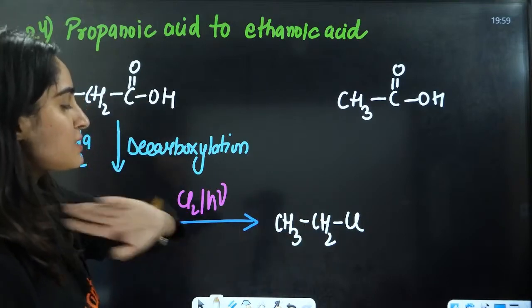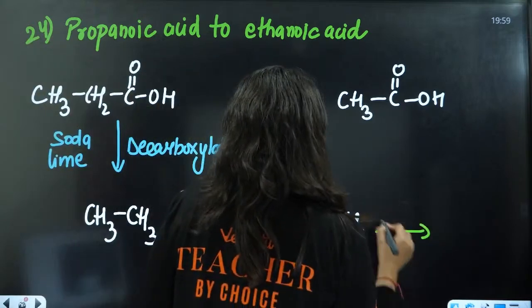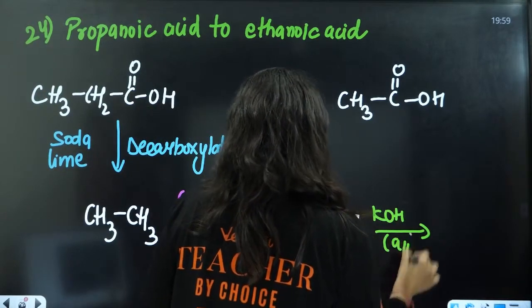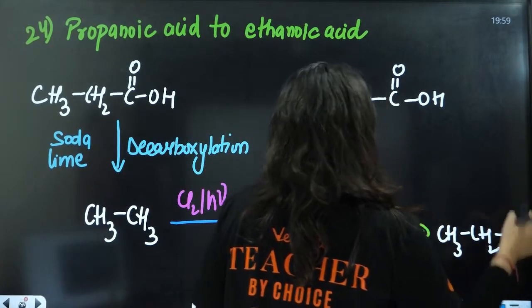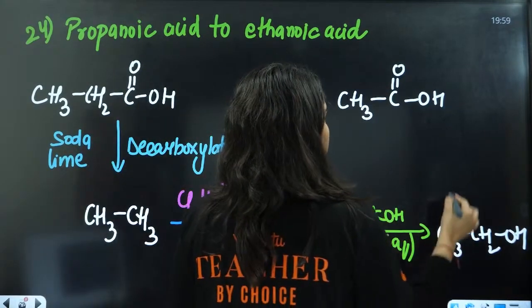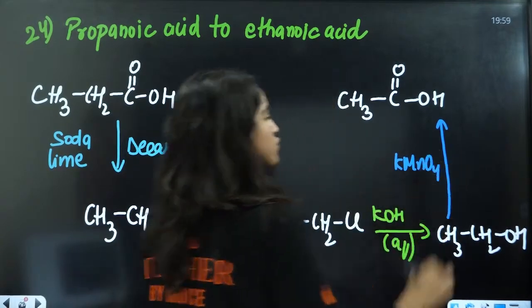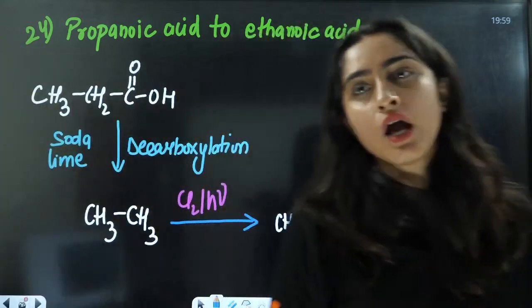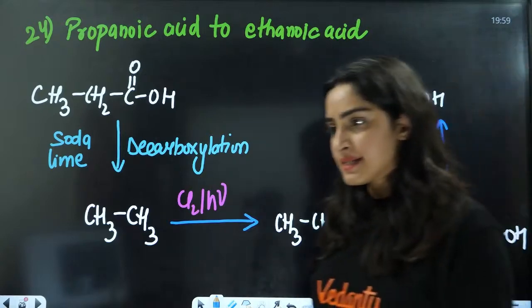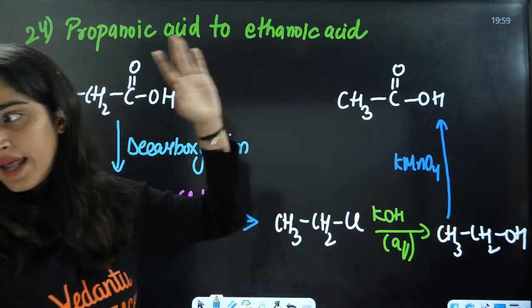Now you have CH3CH2OH. Now this can be oxidized to carboxylic acid by adding KMnO4, a strong oxidizing agent. Understood, everyone? Soda lime decarboxylation, very good.